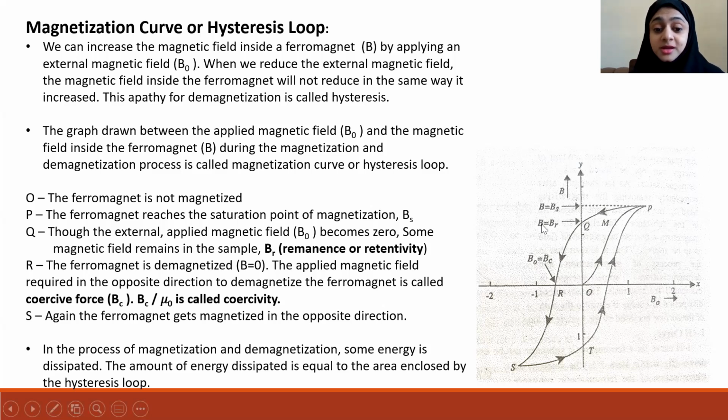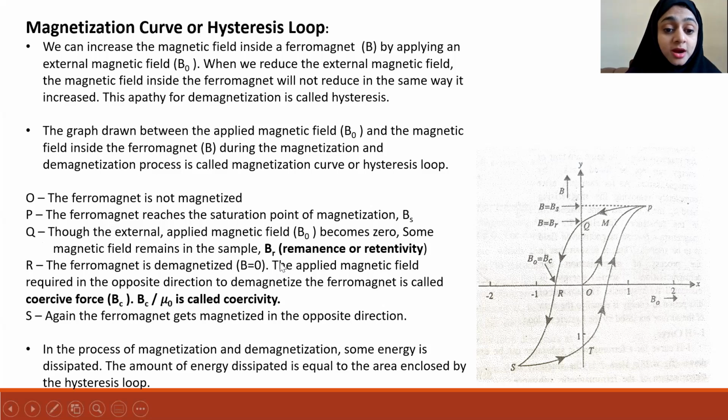It is called Br. That is, at Q, though the external applied magnetic field B naught becomes 0, some magnetic field remains in the sample, represented by Br. That Br is called remanence or retentivity. That is, the remaining magnetic field inside the ferromagnet even after the applied magnetic field is removed, or the magnetic field retained by the ferromagnet even after removing the applied magnetic field.